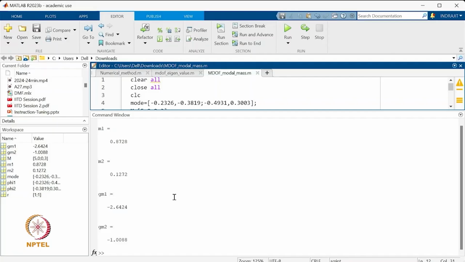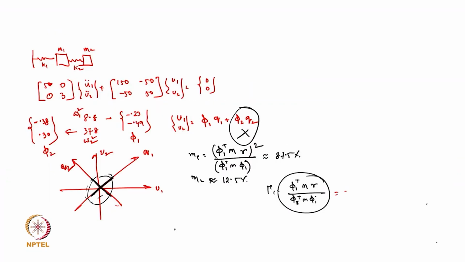So you have to use the negative sign with the Q1. Okay.